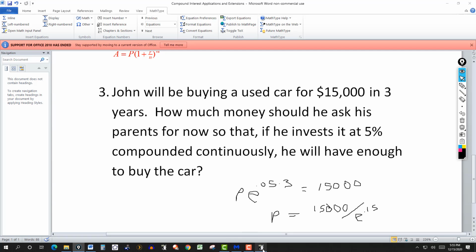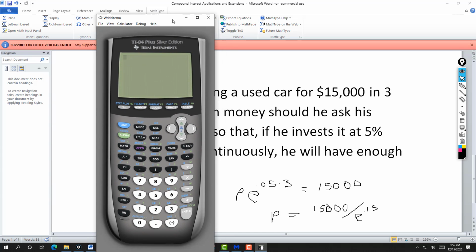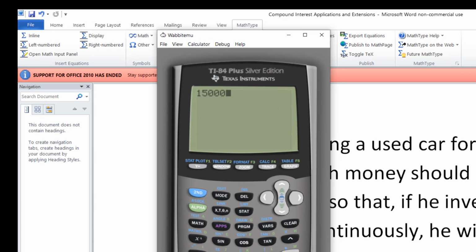Now we can do the rest in the calculator. We'll get 15,000 divided by, the exponential will be second here, and then 0.15.